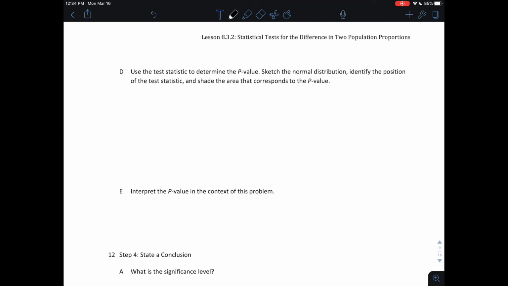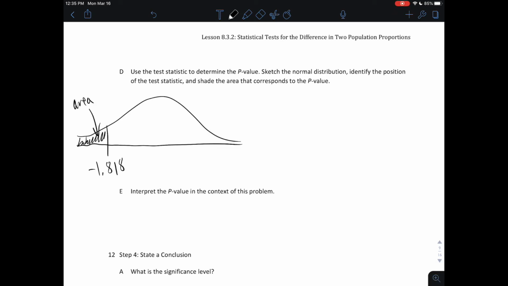Part D, use the test statistic to determine the p-value. Sketch the normal distribution, identify the position of the test statistic, and shade the area that corresponds to the p-value. So again, we have just our normal distribution. Our test statistic is negative, so that's on the left side, negative 1.818. The p-value is just the area that's to the left, because we only have a one-tailed test.